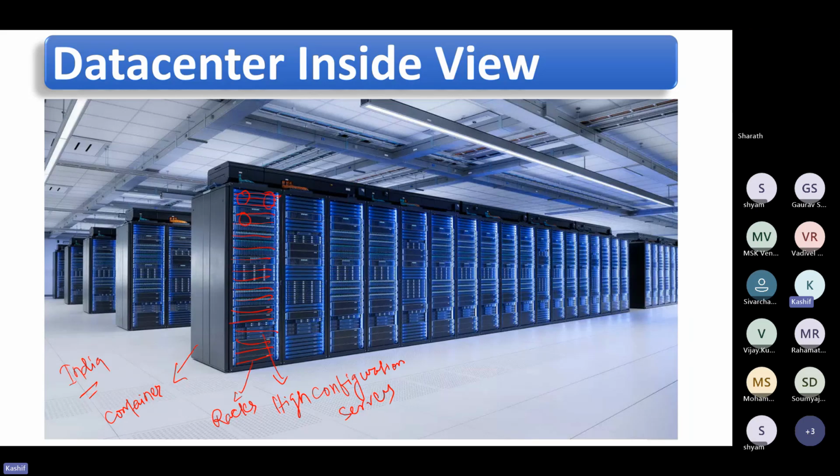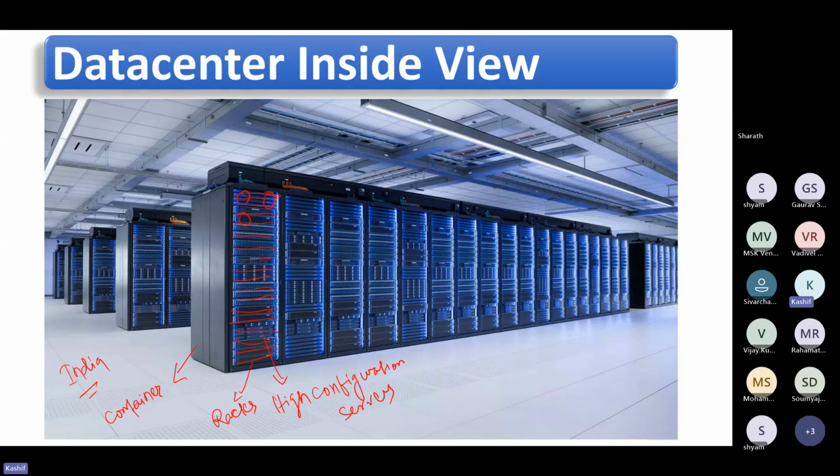So my space and your space will be different. You cannot access my space. I cannot access your space. We will have separate subscriptions, separate spaces. Your space is for your organization. My space is for my organization. So this is the inside view of the data center.